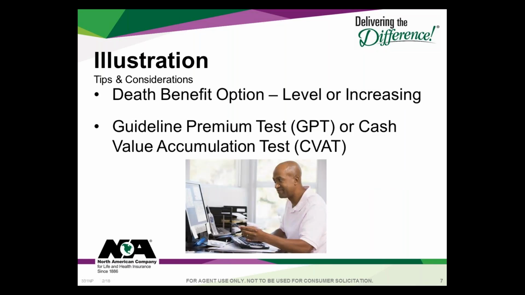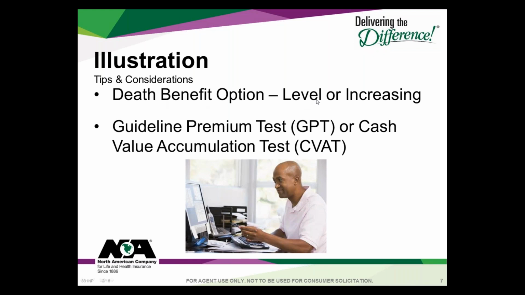Another consideration when you're looking for retirement planning cases is what death benefit option do you use? You could do increasing death benefit option or level death benefit option. Well, which one should I use and why? Level death benefit option will result in a higher death benefit initially. And that's great, that's fine, no problem with that.